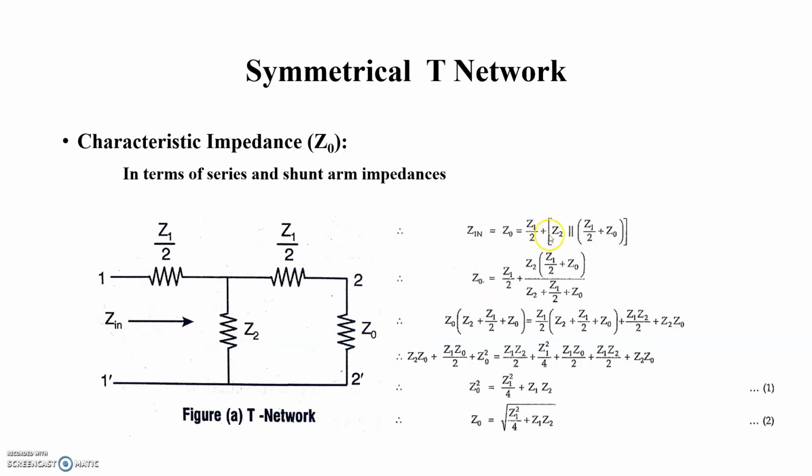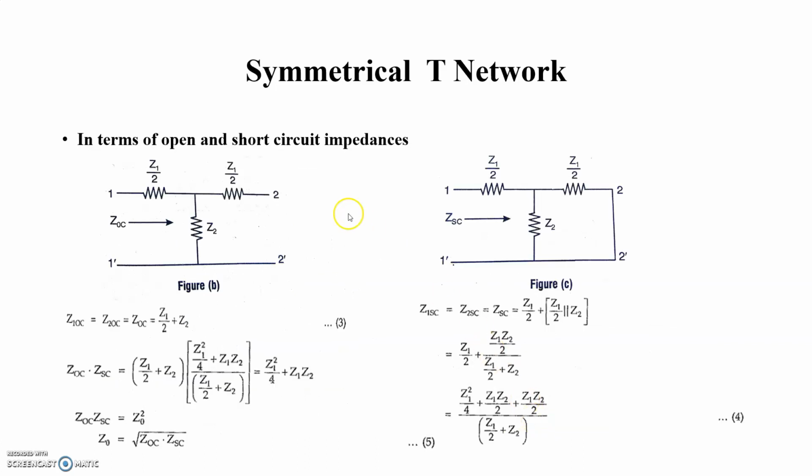First these two resistors are in series, then this combination is in parallel with this one, and then this combination is in series with this one. Then I expand this equation. Finally, we get Z0 equal to the root of Z1 square by 4 plus Z1 into Z2. This is the characteristic impedance in terms of series and shunt arm impedances.